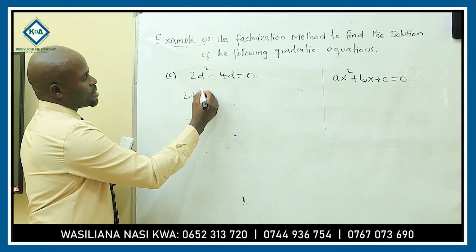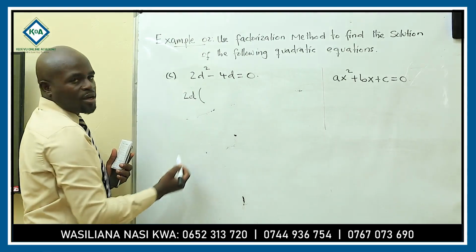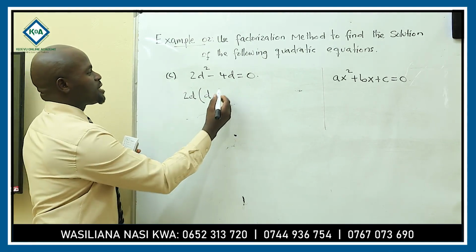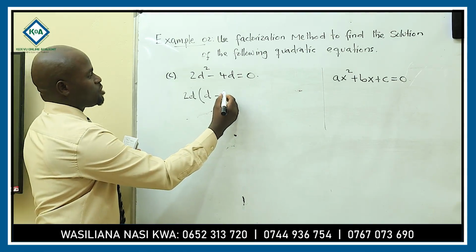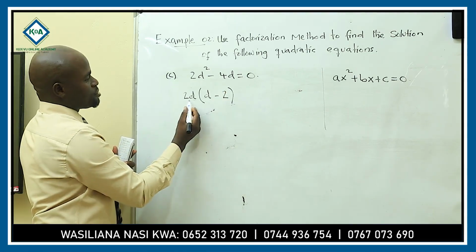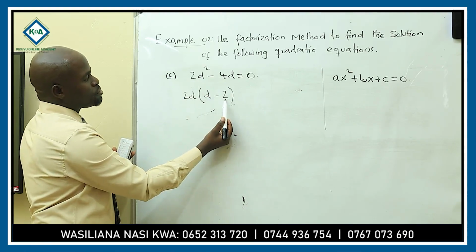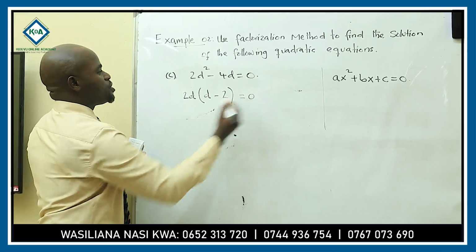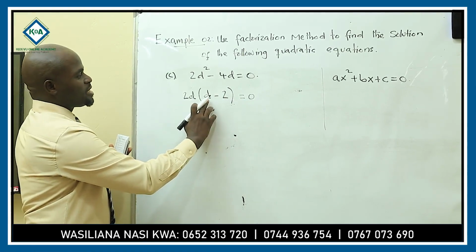So you take it out, bracket. Now, if 2d is out and here there is 2d squared, what is left here? d. So you have d, then minus. Here is 4d and 2d is out, so what will be left here should be 2. Because 2d times d is 2d squared, and 2d times 2 is 4d. Then it's equal to 0. So these are two factors, 2d and d minus 2.